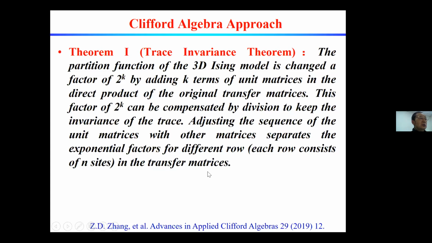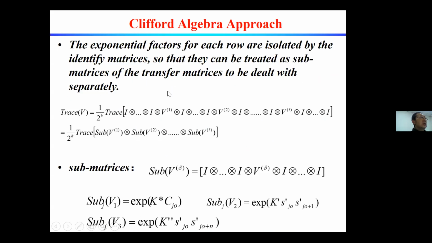So in the transform matrix, the exponential factors for each row are isolated by the unit matrix, so they can be treated in sub-matrices of the transform matrix and dealt with separately. So you can see there's a formula. We can separate the original matrix with many unit matrices. So we can separate the system.